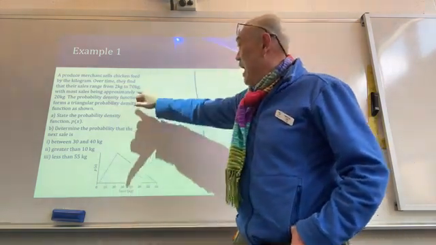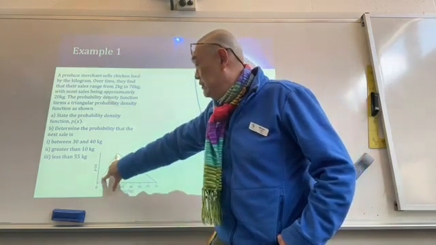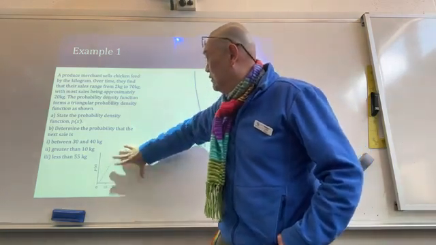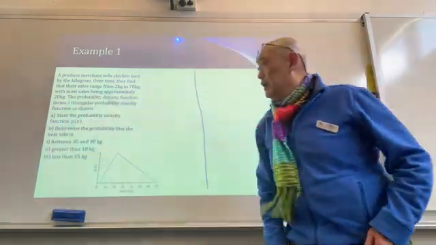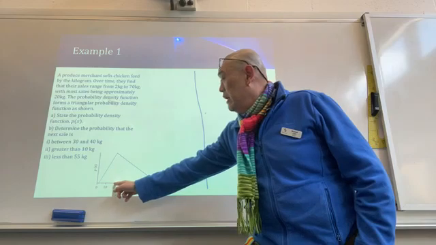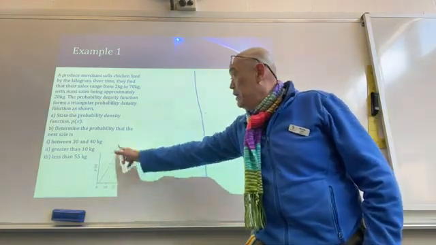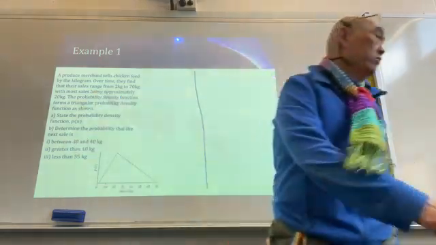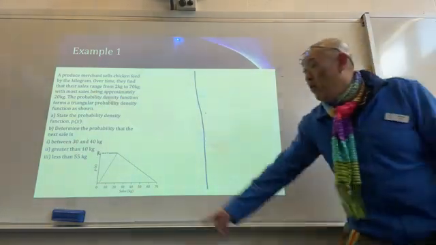And then you should be able to find the gradient of this and the gradient of that. Now, the most common size being approximately 20 kilograms. So it's telling you that the peak here is 20, because that would be the mode. So therefore, you can work out what K is.